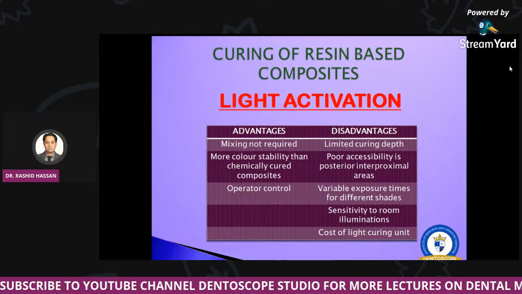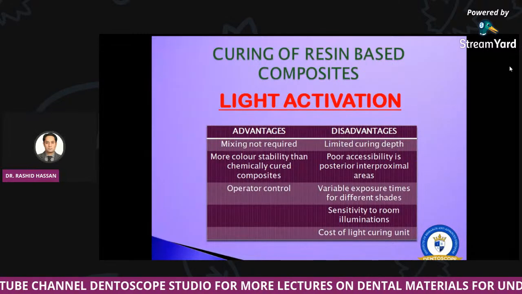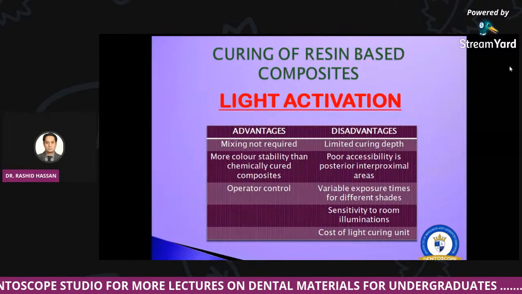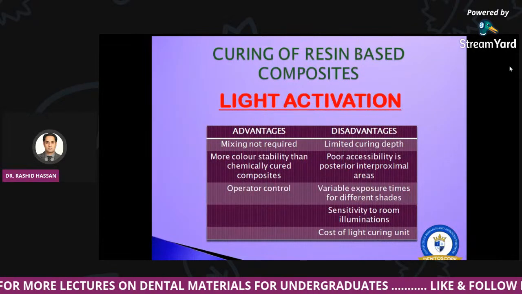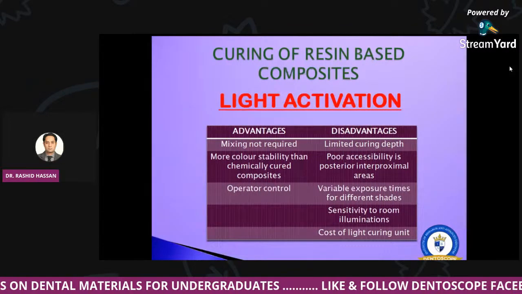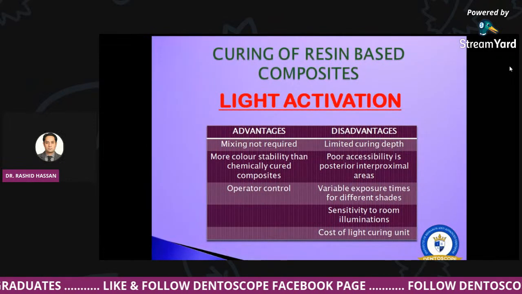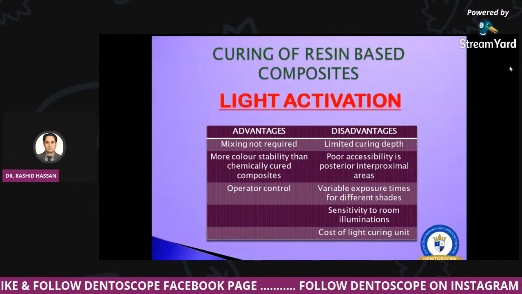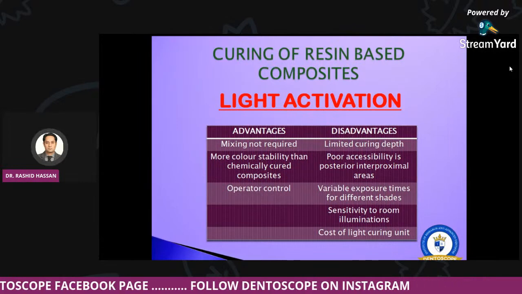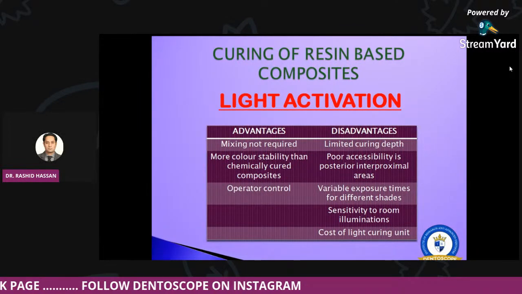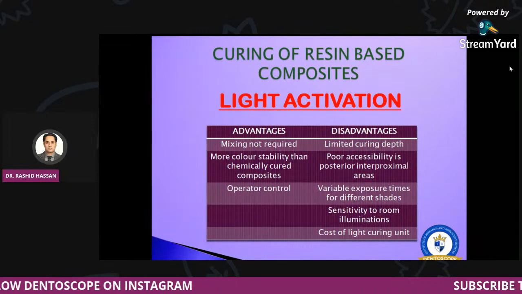So the accessibility is going to be a big problem. You have the cavity, but how are you going to insert the dental composite in that area? That becomes very difficult because it is not at all in a fluid state. It has high consistency.